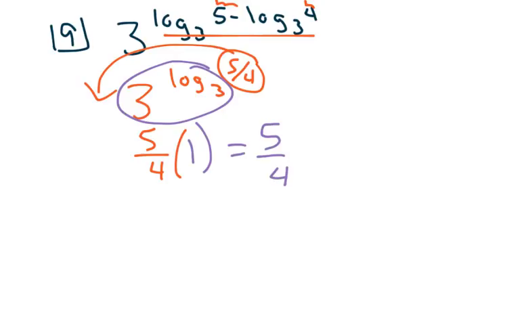And the last one is 21. 21 is not a log, it's an e, okay. So 21 is e to the log base e squared of 16.